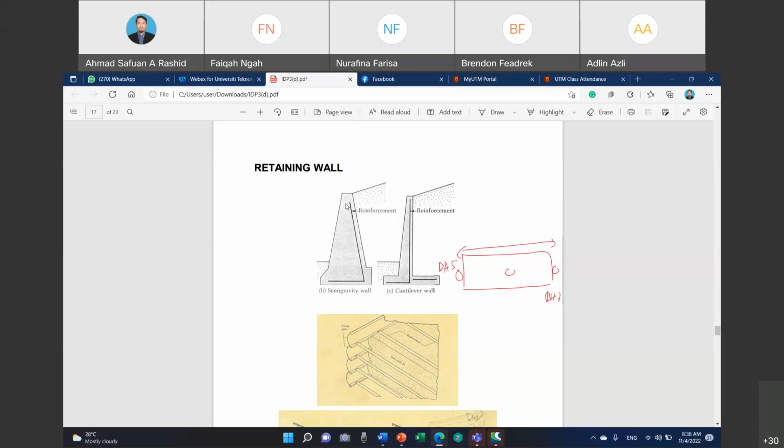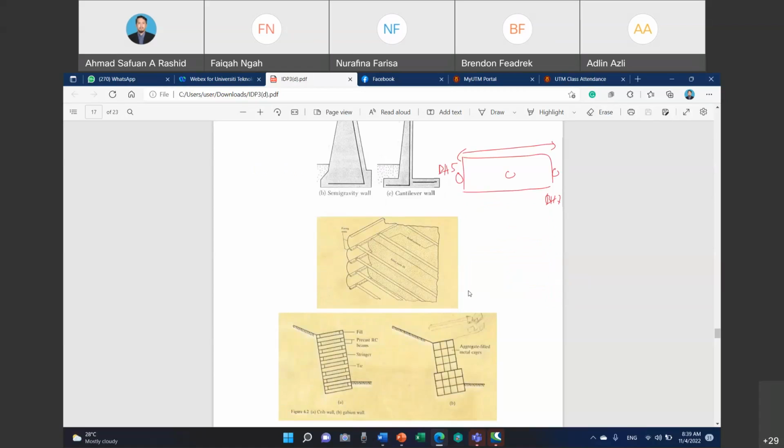So basically the reinforcement yang berada di belakang, okay, lebih penting sebab dia untuk support tension, okay, compression dan tension perlu juga diletakkan di sini, okay, semasa design with a minimum diameter of the bar. Okay.